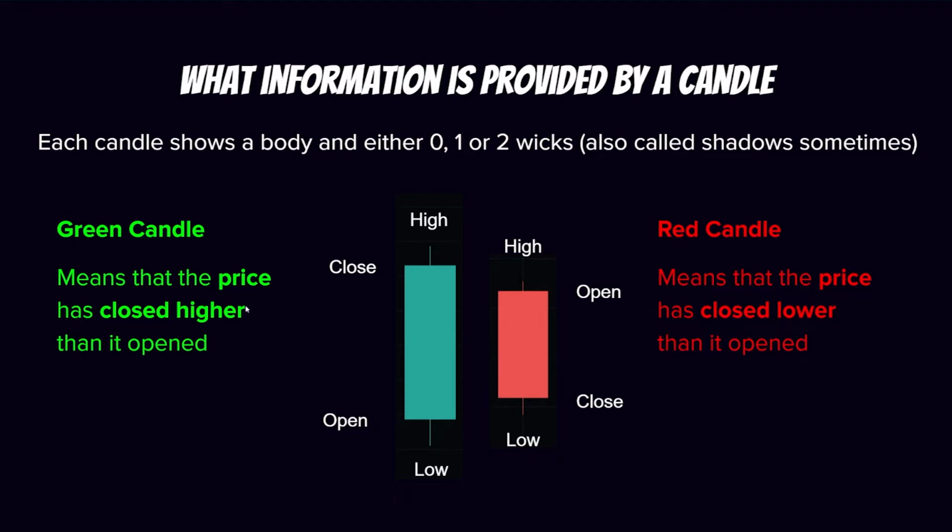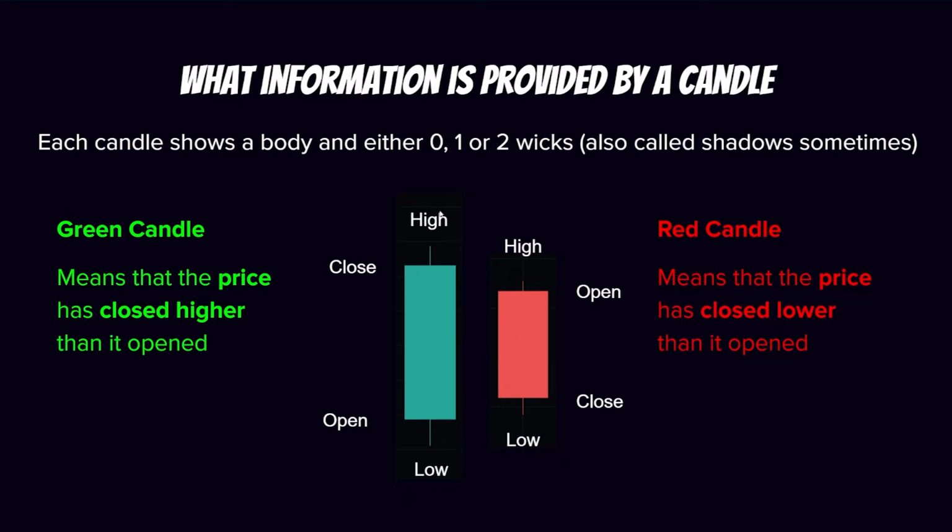Sometimes there are hollow candles and full candles representing candles that open low and close higher, or open higher and close lower. In general, a green candle means that the price opened at a given price and closed at a higher price. A red candle opened at a higher price and closed at a lower price.